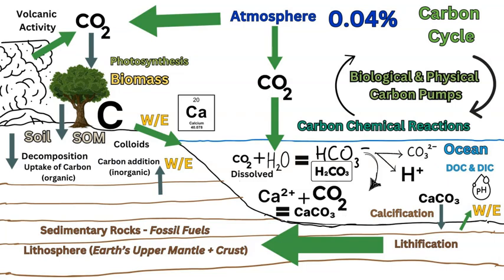The last carbon sink or pool or reservoir that has to be discussed is the atmosphere. Now, the atmosphere has a very small quantity of carbon in the CO2 gas, and this equates to 0.04% of the atmosphere in total.